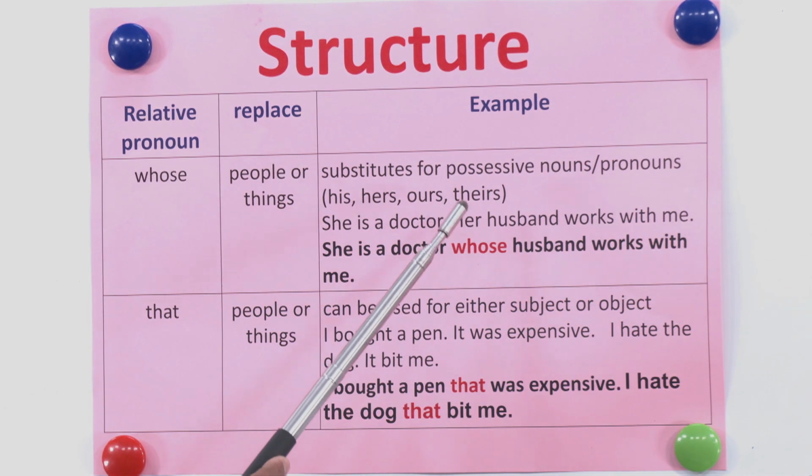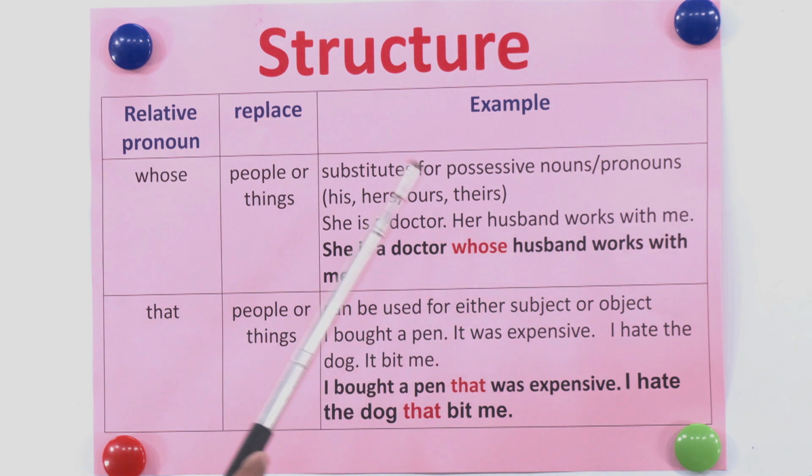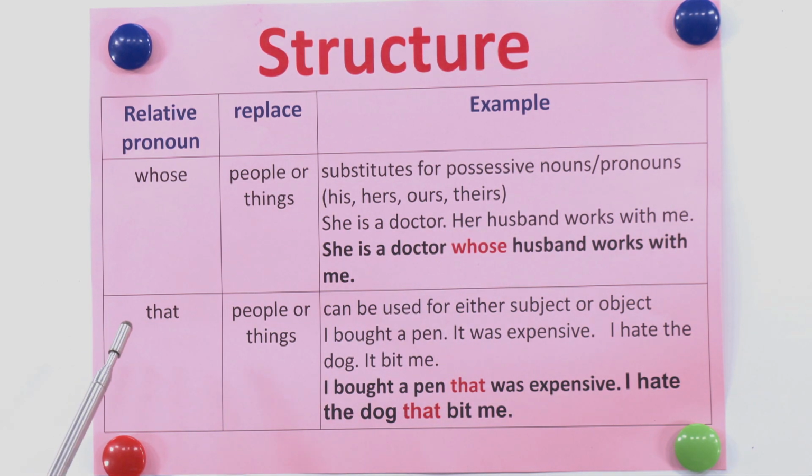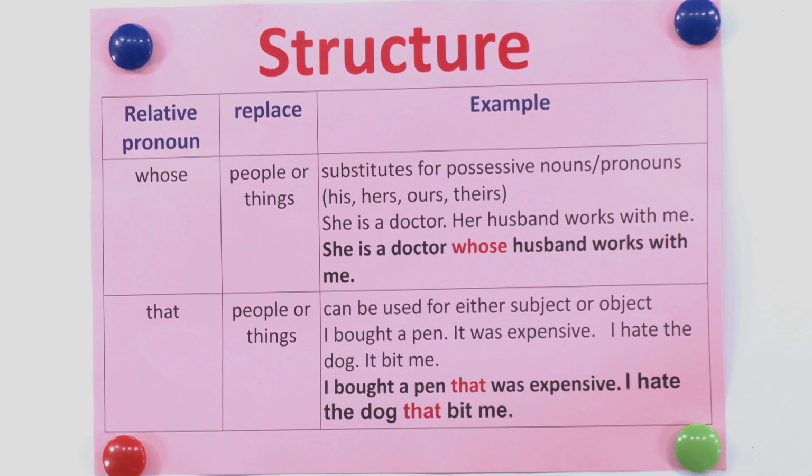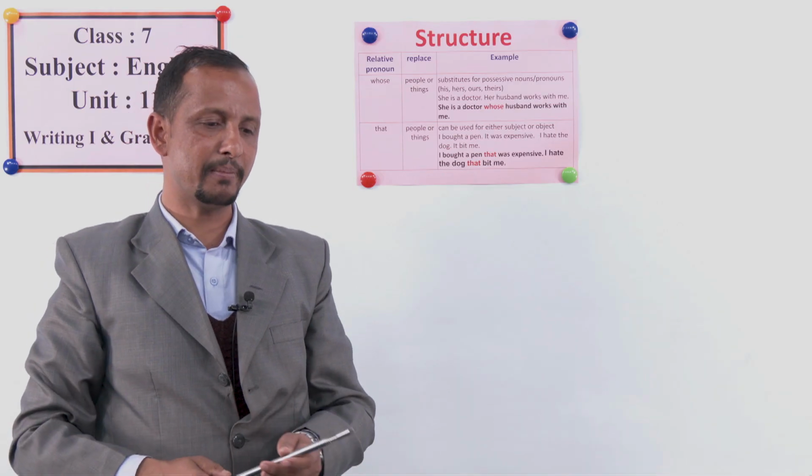Whose replaces the possessive pronoun her. Similarly, that replaces people or things. As in the example, I bought a pen that was expensive. And another one, I had the dog that bit me. Anyway, dear students, these two relative pronouns are not given in your textbook. This is for additional information. Thank you very much.